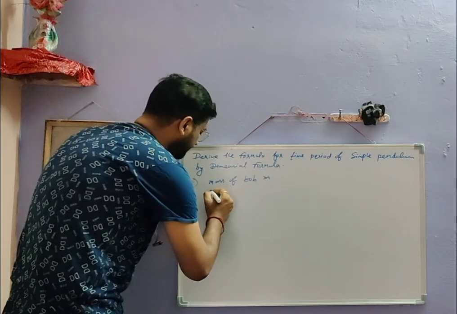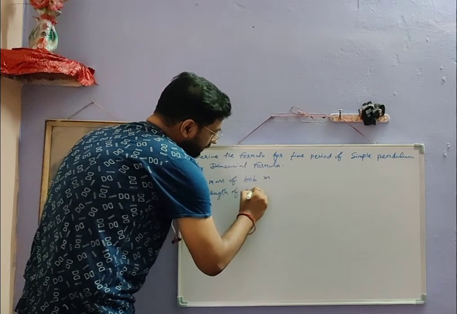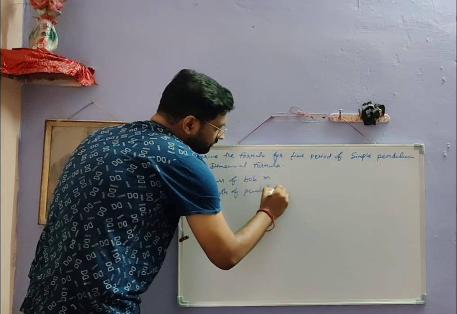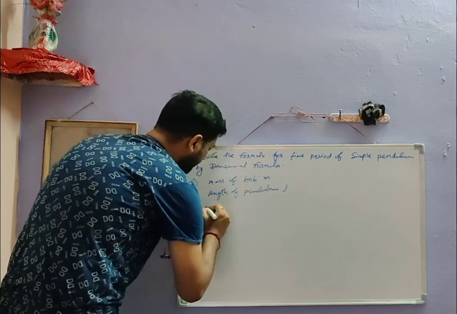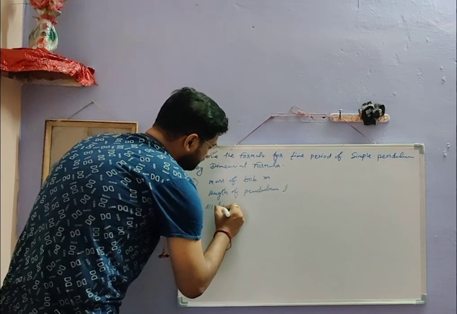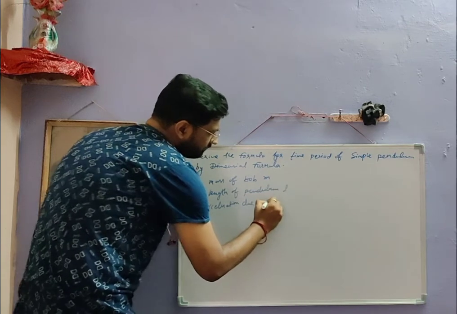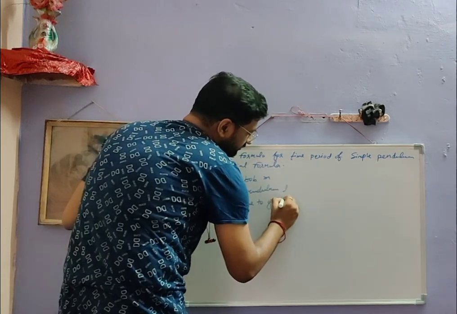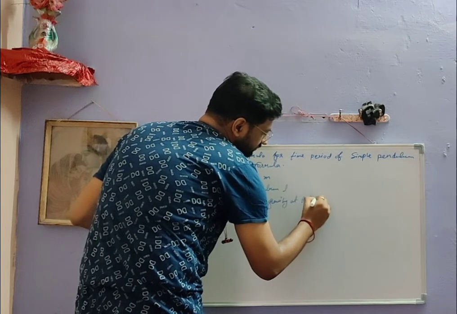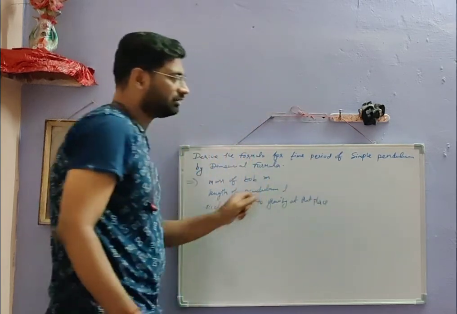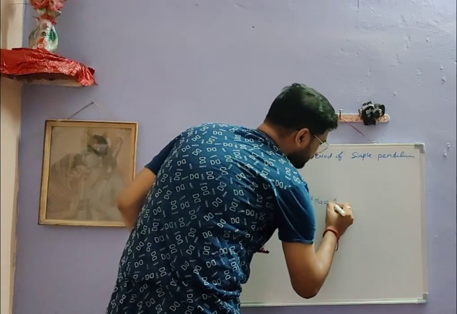Second, the length of the pendulum, which is small l, and third, the acceleration due to gravity at that place where the pendulum is placed. Okay, so this is g.